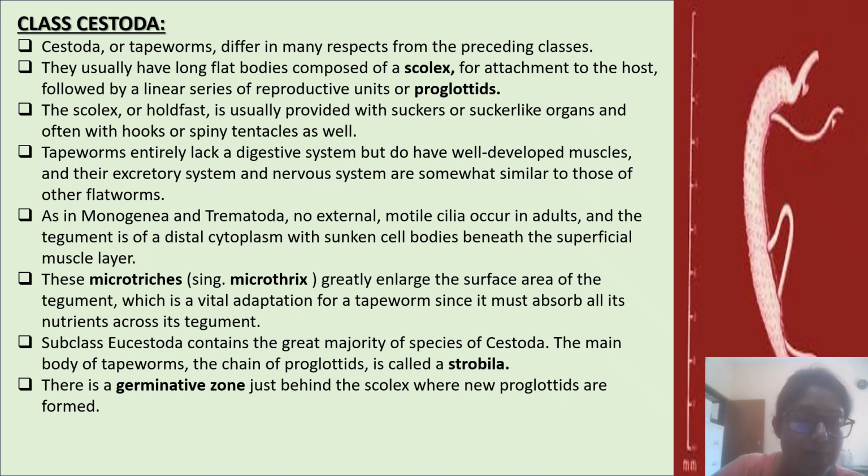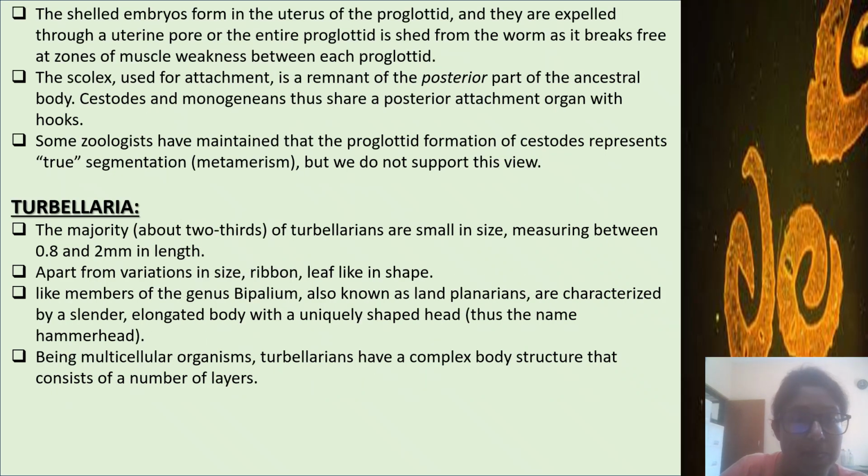The main body of the tapeworm, the chain of proglottids, is called the strobila. There is a germinative zone just behind the scolex where new proglottids are formed. Next, the shelled embryos form in the uterus of the proglottid and are expelled through a uterine pore, or the entire proglottid is shed from the worm as it breaks free at zones of muscle weakness between each proglottid.